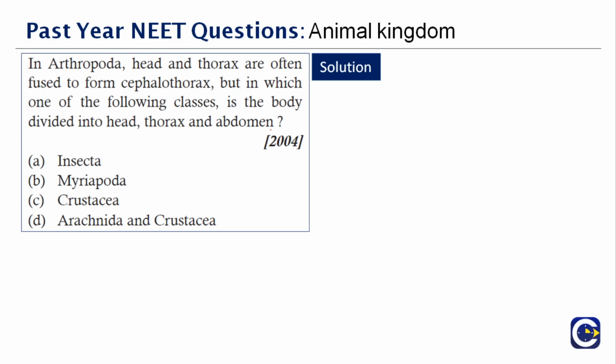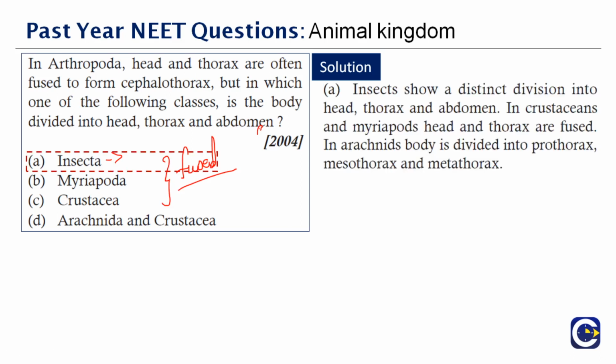Insecta shows distinct division of head, thorax and abdomen, while the rest, Crustacea, Arachnida, Myriapoda, all have fused parts. Only in Insecta are the head, thorax and abdomen separate, while in the rest you have a fused system called cephalothorax. Therefore, the correct answer to this question is option A, Insecta.